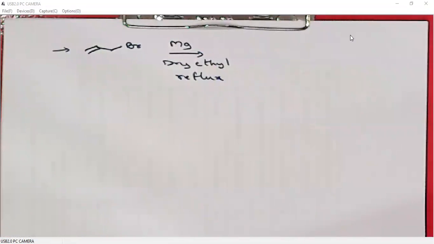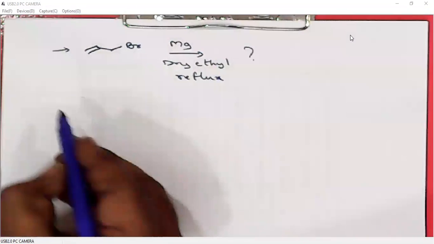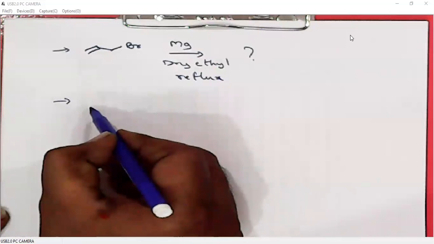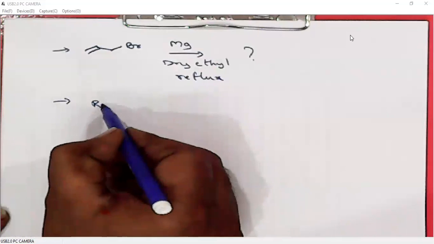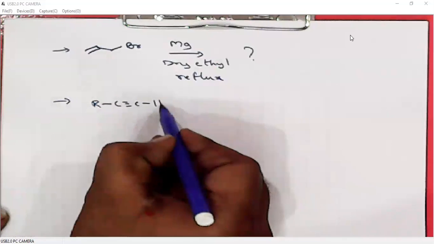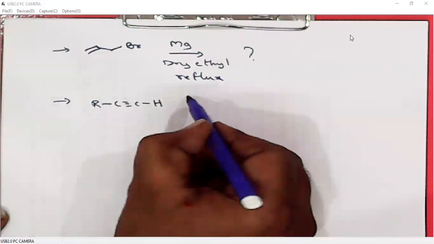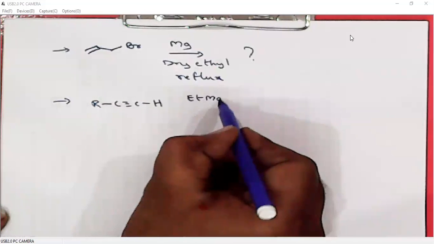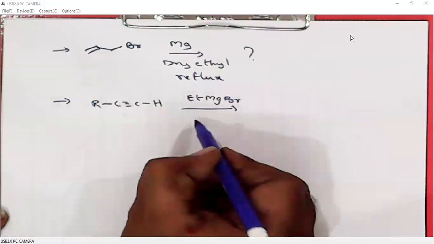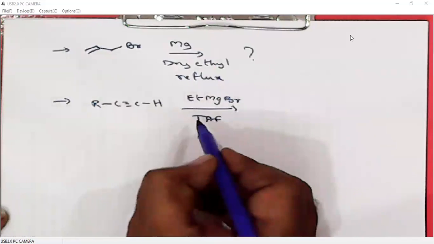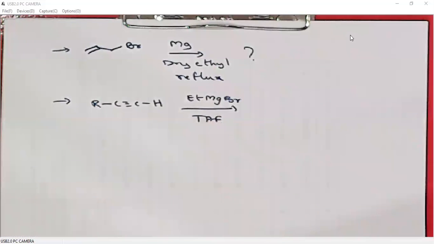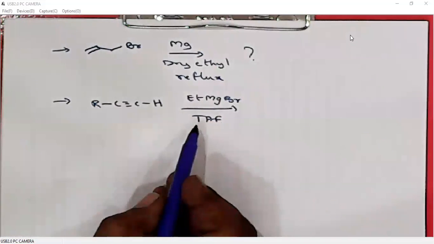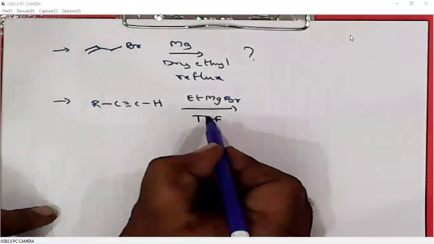So whenever we want, we can prepare and store allyl Grignard. Similarly, acetylenic Grignards can be prepared in situ. Most of the time, either ether or THF is used as the solvent for Grignard reagents.